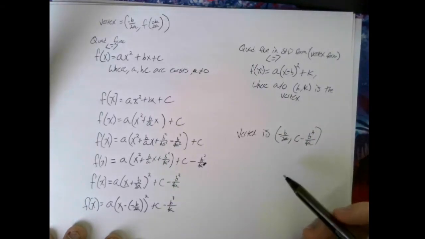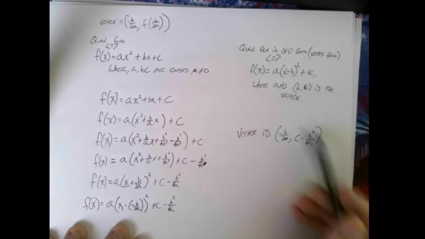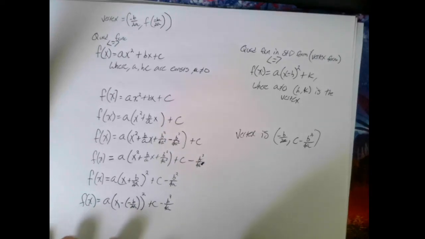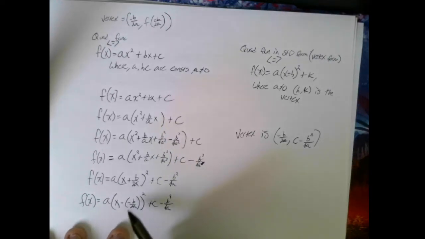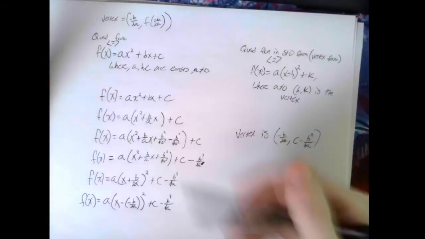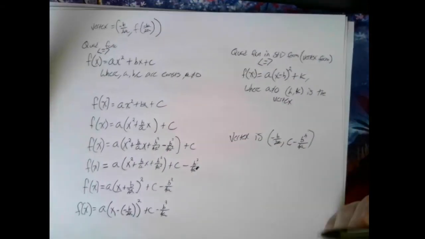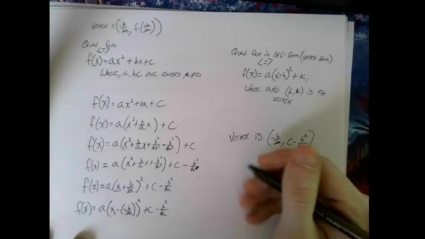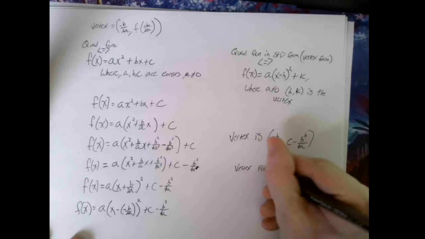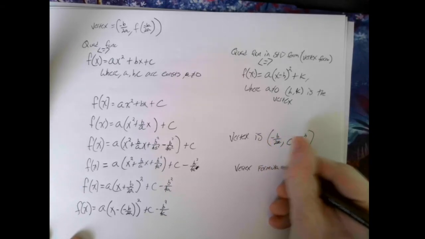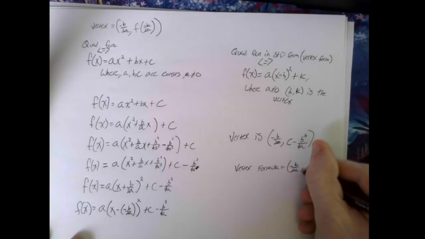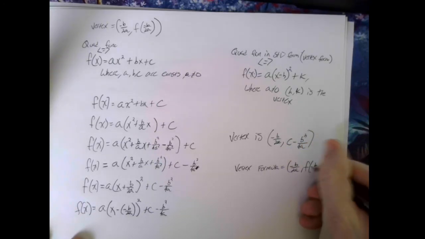Now, you might see that this is this up here, but down here we have this. Well, that's because if you have your x value and you plug it into your quadratic function, you're going to get out the output, obviously. So that's why we get the vertex formula: we can take this and say it's negative b over 2a comma f of negative b over 2a.